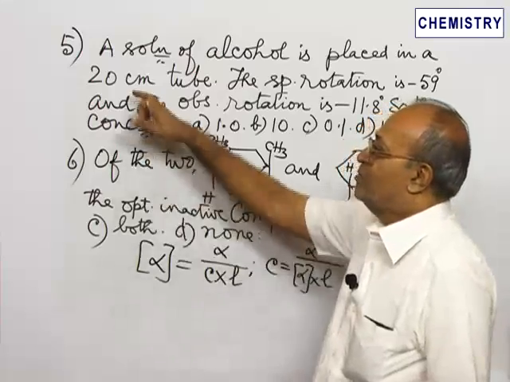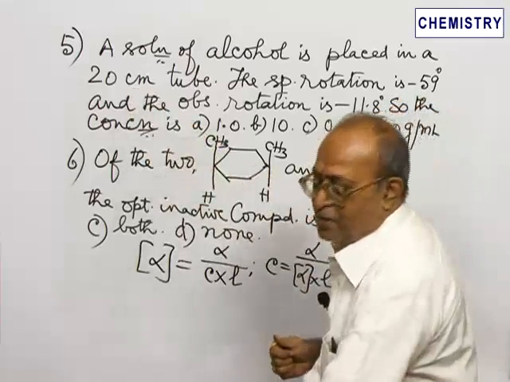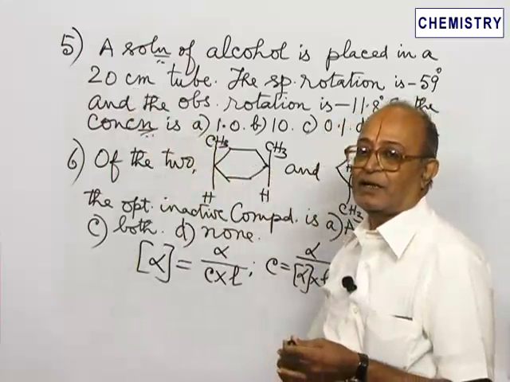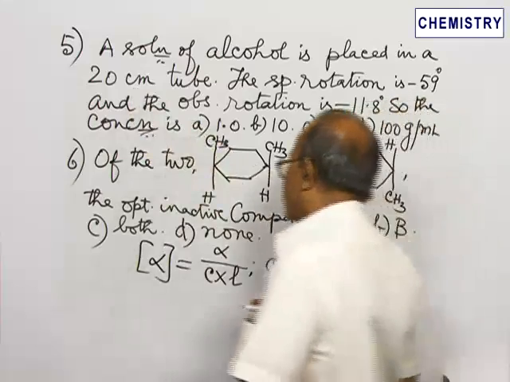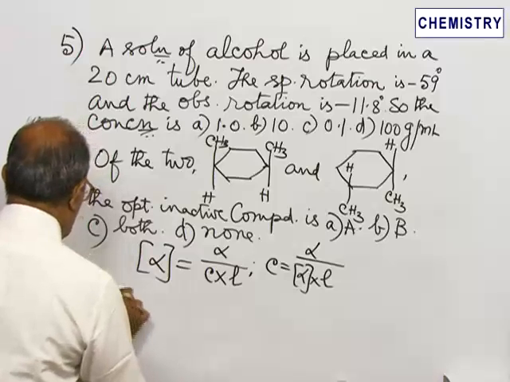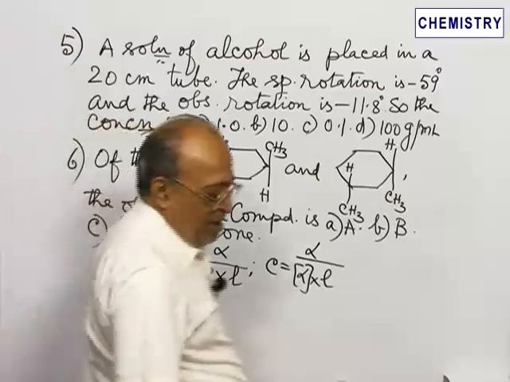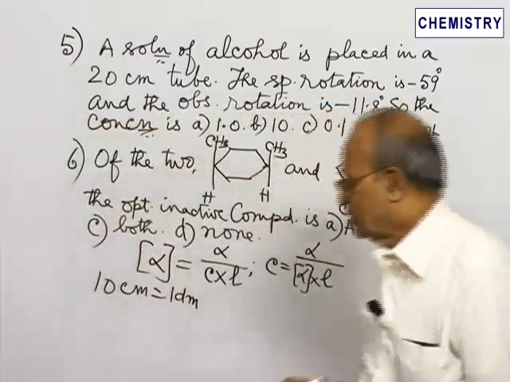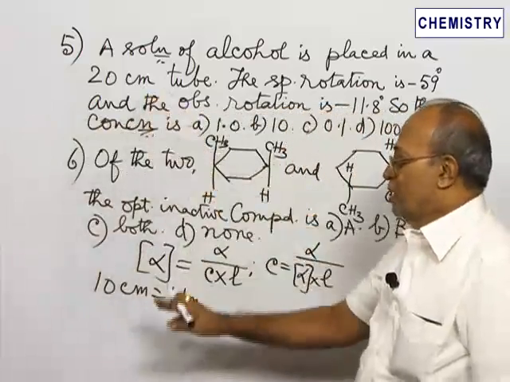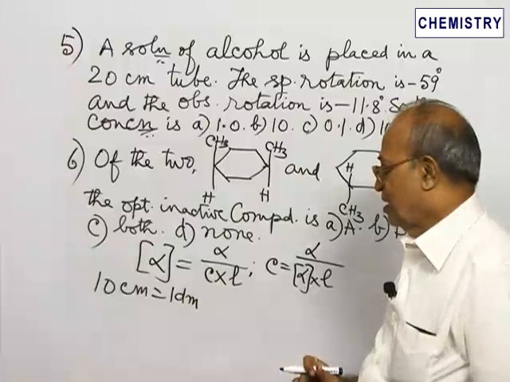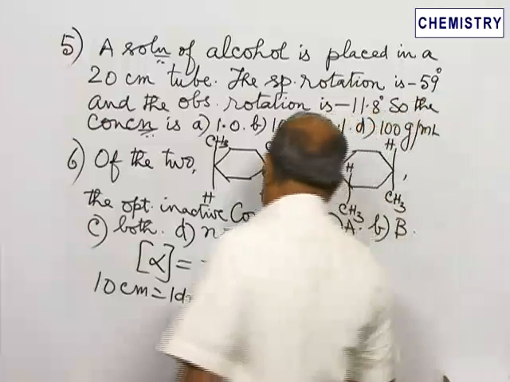But in this problem, length is given as 20 centimeter. 10 centimeter is equal to 1 decimeter, so 20 centimeter will be equivalent to 2 decimeter.